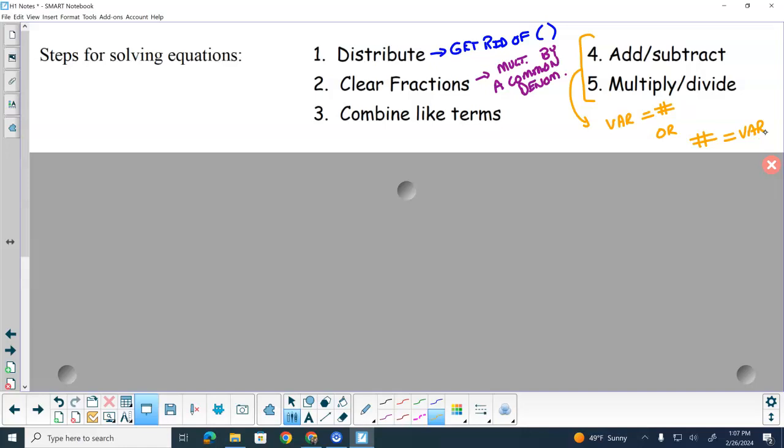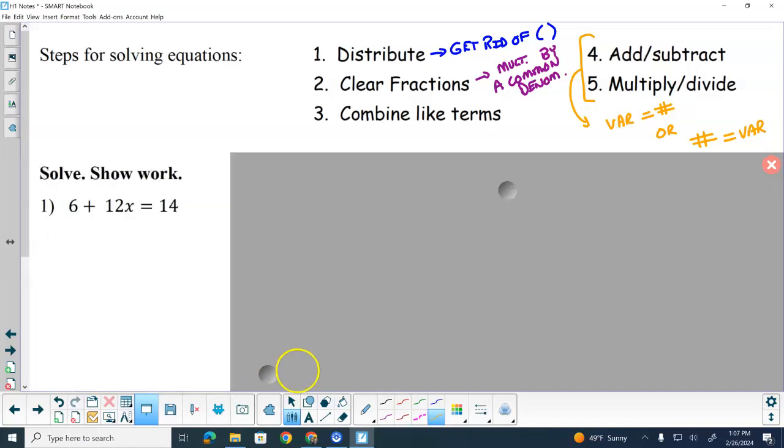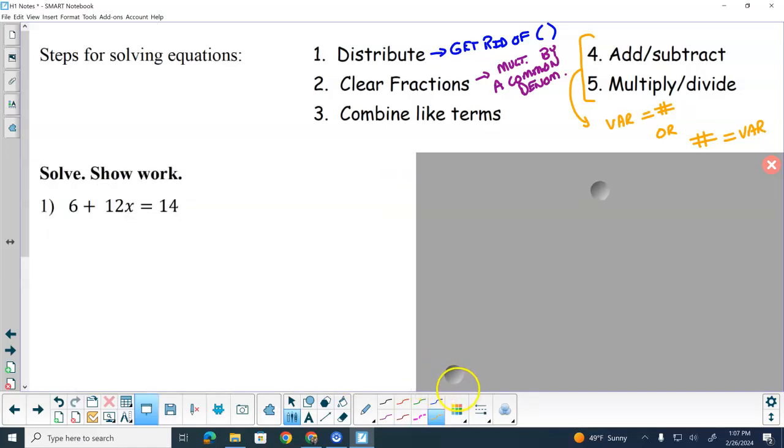That's the goal in steps 4 and 5, to solve for that variable. First we add and subtract, and then we multiply or divide. So we've planned our work. Let's now work our plan.